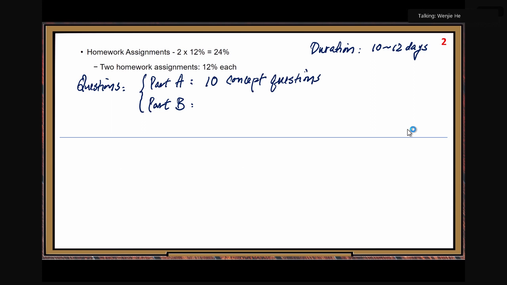Concept questions, okay? Check your understanding of the concepts. Part A, 10 questions. Part B, 15 computation questions. Computation questions.